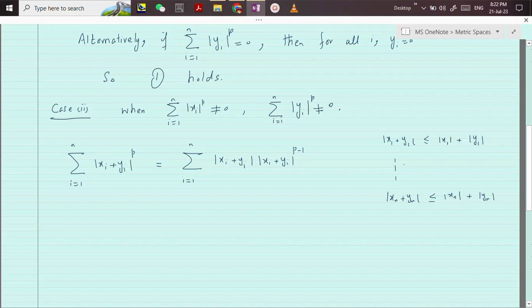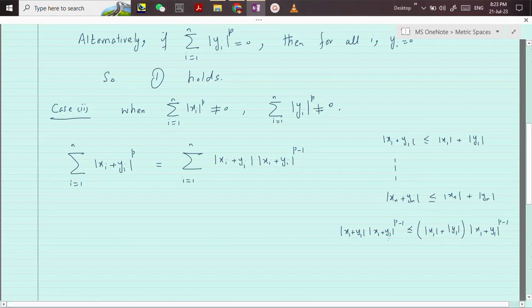Now what we do, we multiply each inequality by involving their respective variables in this way. |x1 + y1| into |x1 + y1|^(p-1) is less than or equal to the product of |x1| + |y1| into |x1 + y1|^(p-1).